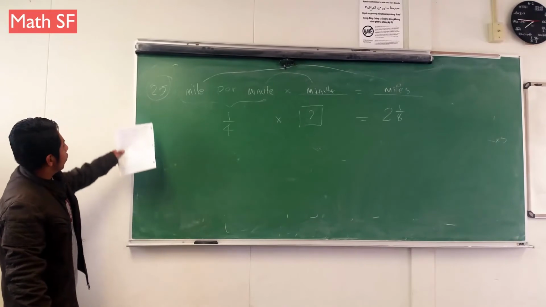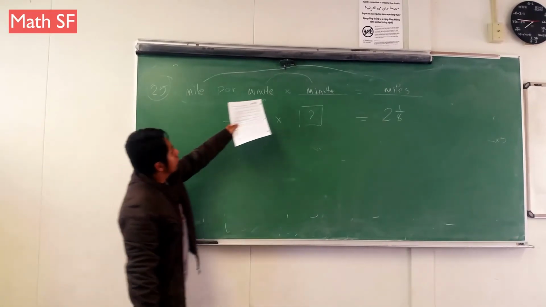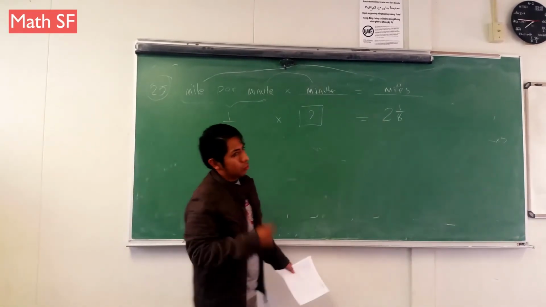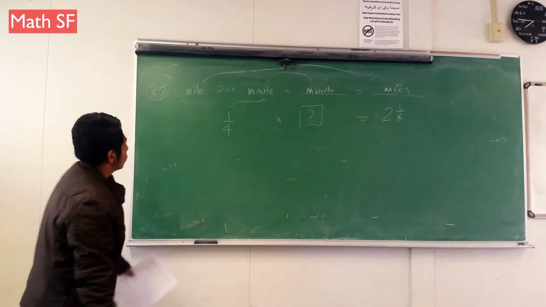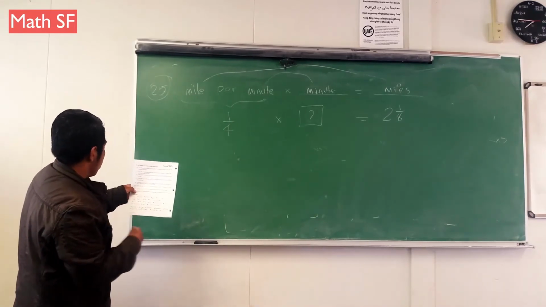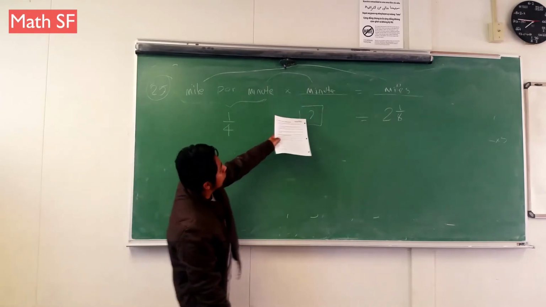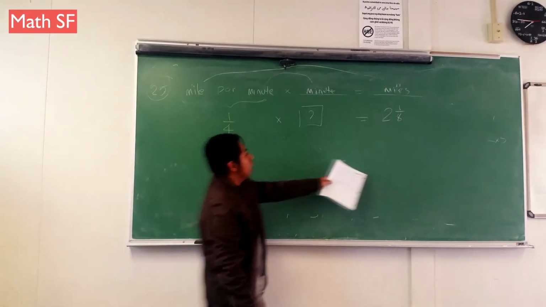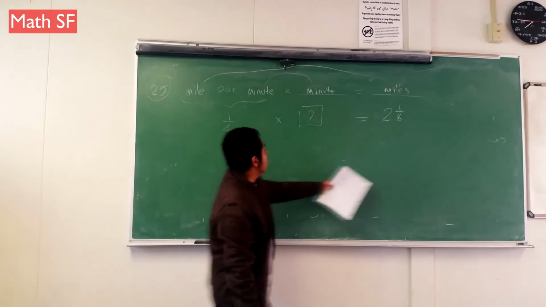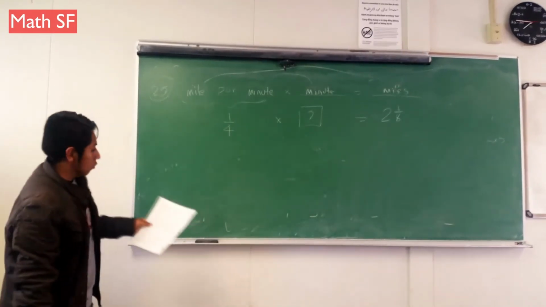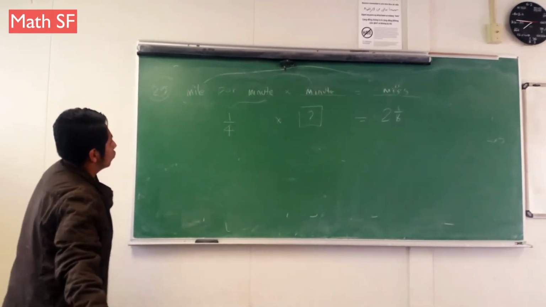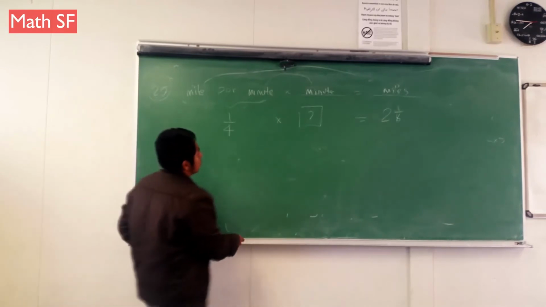Problem 25. We're given miles per minute times minutes equals miles, as in the rainbow method, as we explained it, because it tells you how long it takes. So it'll be how many minutes does it take. They give you 20 1/8 of a mile, and they give you the rate 1/4. Therefore, let's see, what are we missing here? We're missing a multiplier.